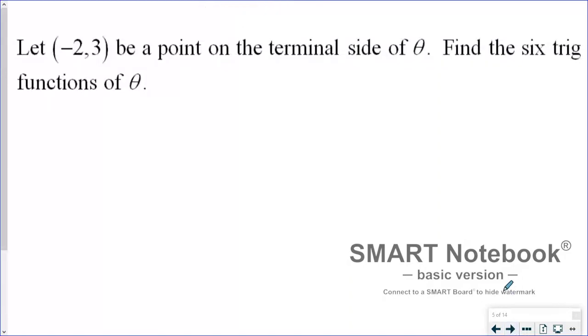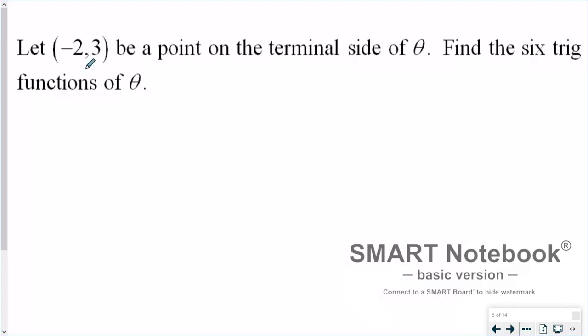Okay, so let's put this to work. All those formulas where you have y over r and x over r and y over x, you don't necessarily have to remember all of those. Of course you can. It's not very difficult by any stretch of the imagination. But there's actually another, in my opinion, much easier way to do it.